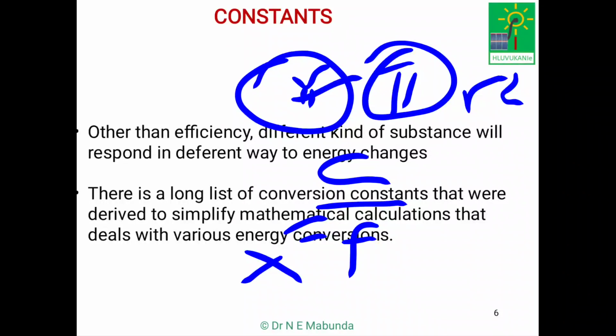So where wavelength lambda is equal to c over f. So that's another constant. We have gravitational acceleration, that is used when you get energy from the mass of an object and the height.